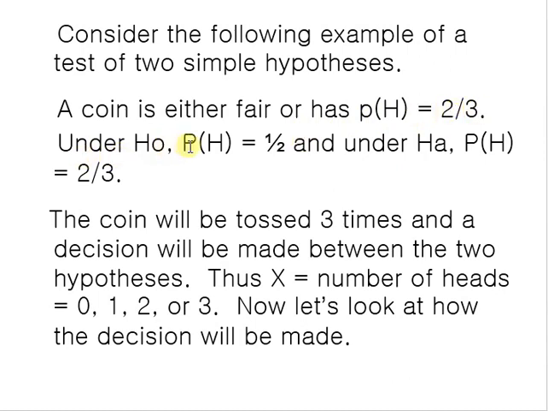Under H null, probability of heads equals 1 per 2, and under H alternative, probability of heads is 2 per 3. The coin will be tossed 3 times and a decision will be made between the two hypotheses. Thus X is the number of heads: 0, 1, 2 or 3.